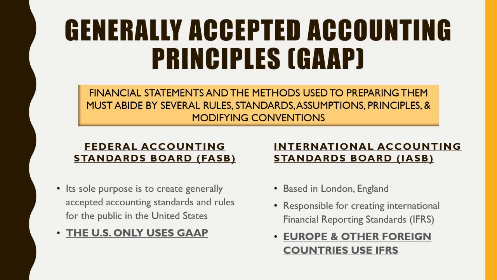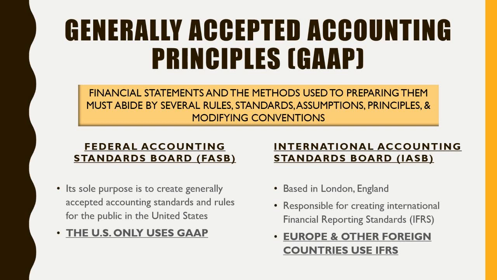If you go to Canada and do business there, they have a slight modification of GAAP, but that's why we refer to US GAAP as US GAAP, because this GAAP rule only affects the United States. Not America, the United States. So make sure you keep in mind that FASB has created these rules specifically to be tailored to the United States. Now again, like I mentioned before, if you go to Canada, they'll have a slightly modified version of GAAP. You go to Mexico, same thing, a slightly modified version of GAAP.